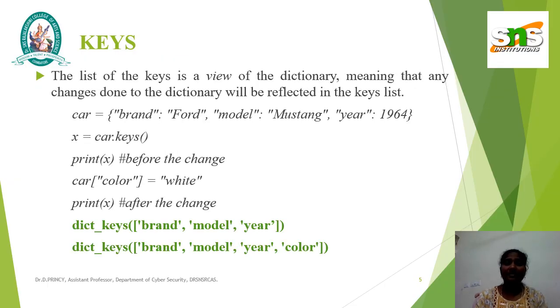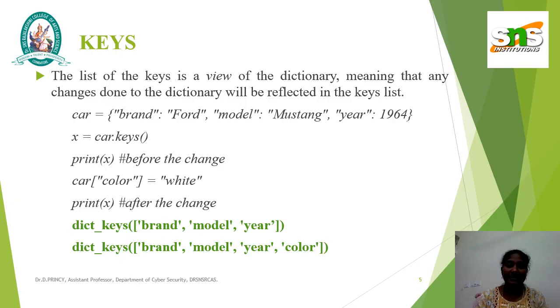These keys are a view of the dictionary. That is, any changes we make to the dictionary will be reflected in the keys list also. For example, car is a dictionary name which has three values: brand Ford, model Mustang, year 1964. After creating the dictionary, I'm getting the keys using the car.keys method and printing that value before the changes.